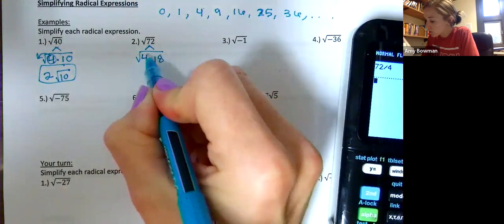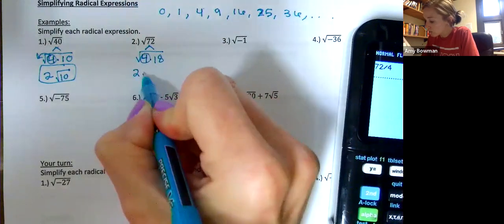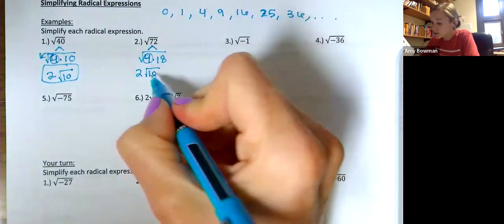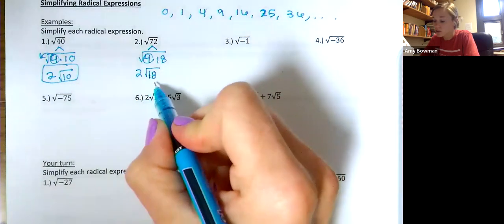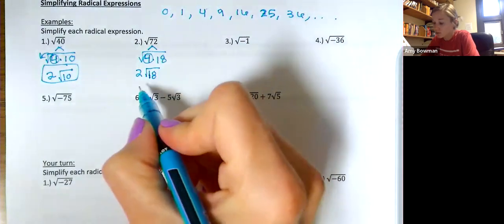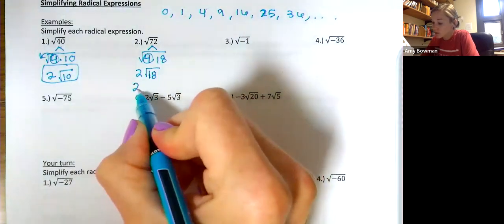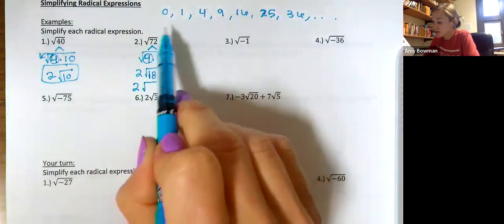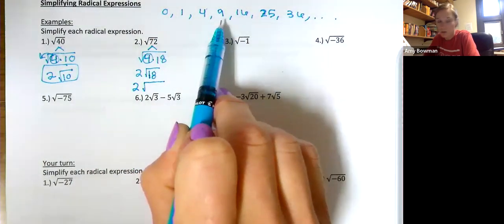But if you get to that point and you're like, okay, it's 4 times 18. Now I can take the square root of 4, that's 2, and then I'm left with the square root of 18. But you're not done yet, because while 18 is not a perfect square, you can still break it down into 2 numbers that multiply, where one of them is a perfect square. So really we can think of 18, if we look at our perfect squares, as 9 times 2.